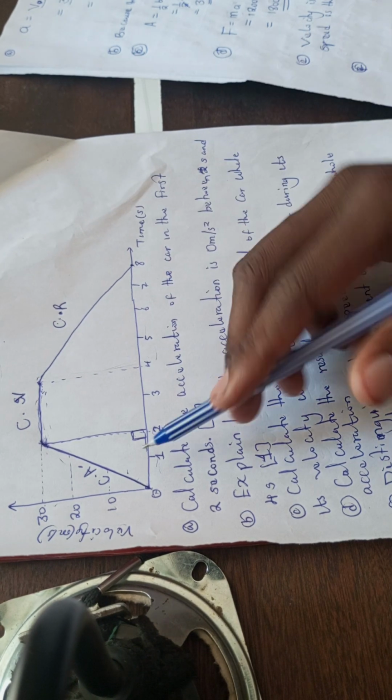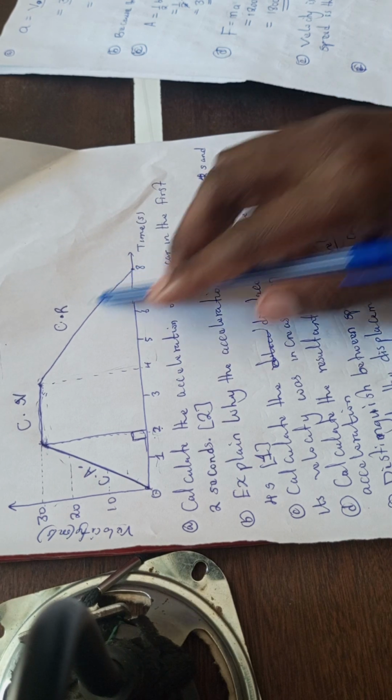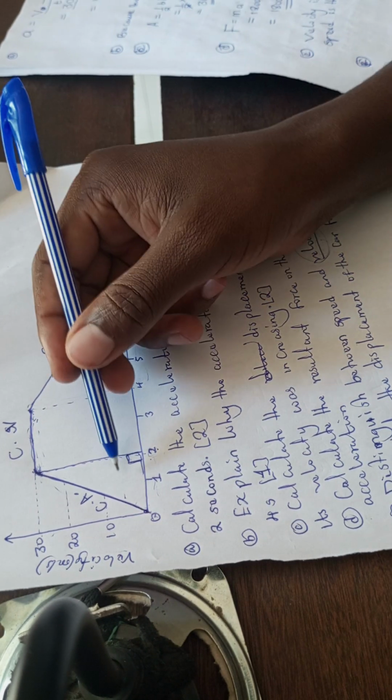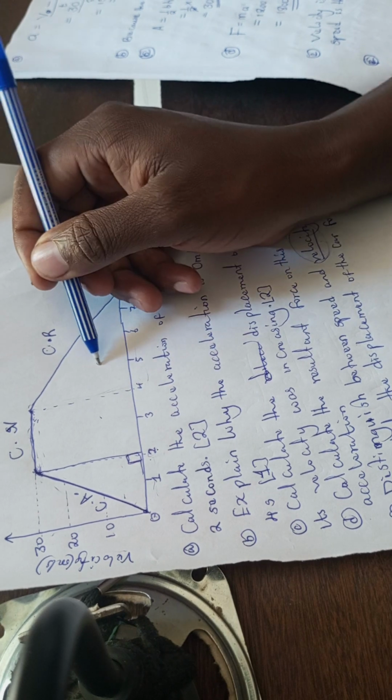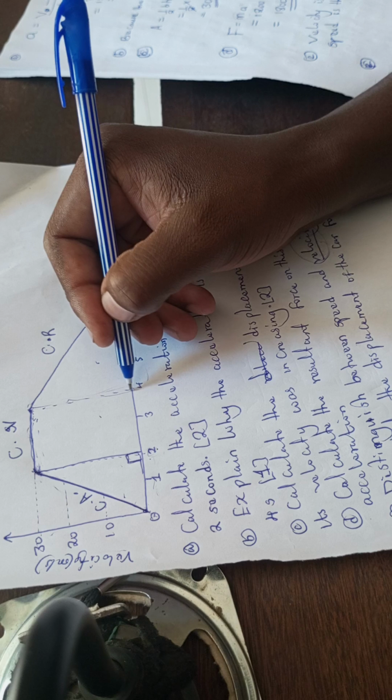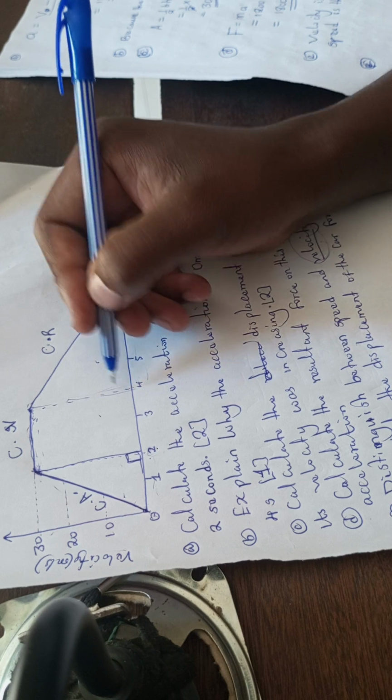So we need to take the area under the curve. To simplify things, instead of taking this area and also this area, we need just to take this one as our trapezium or trapezoid.